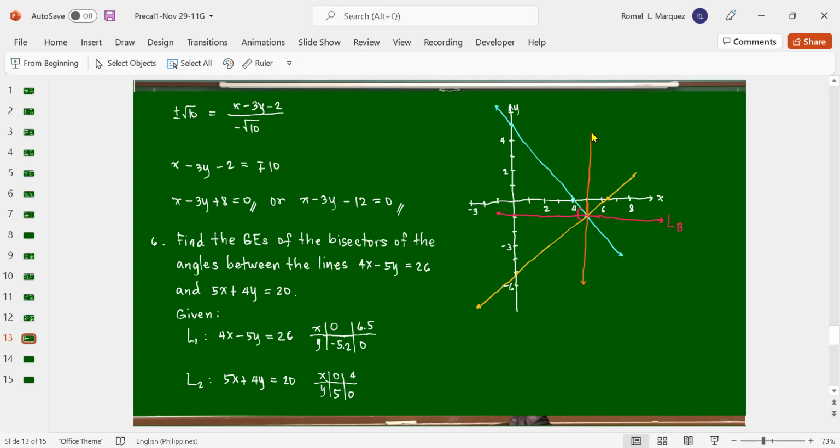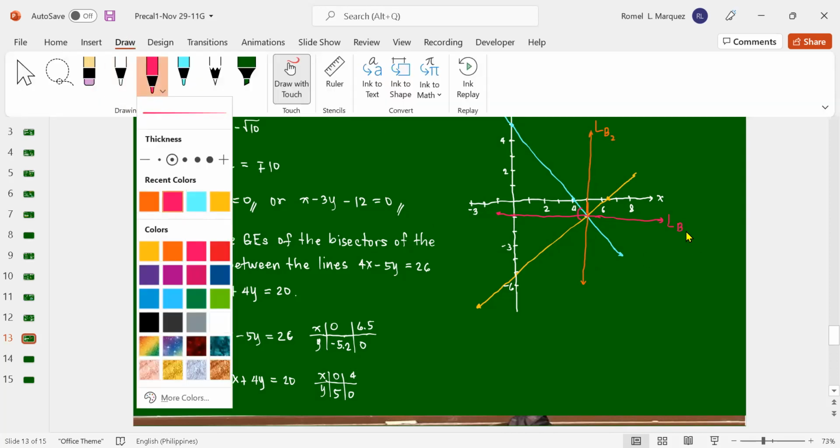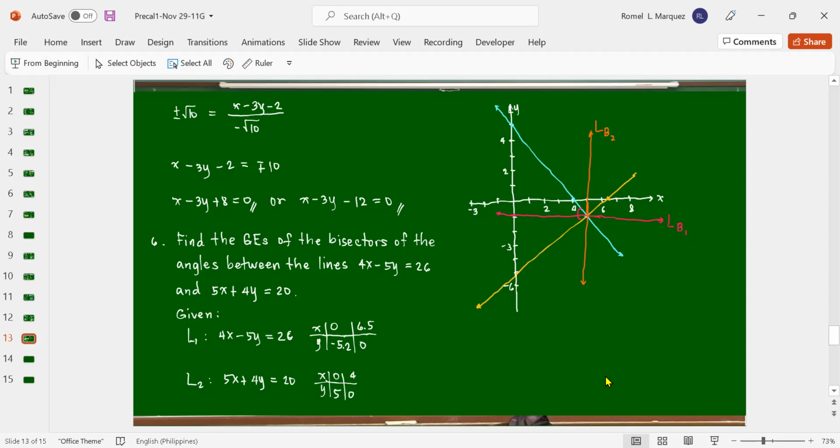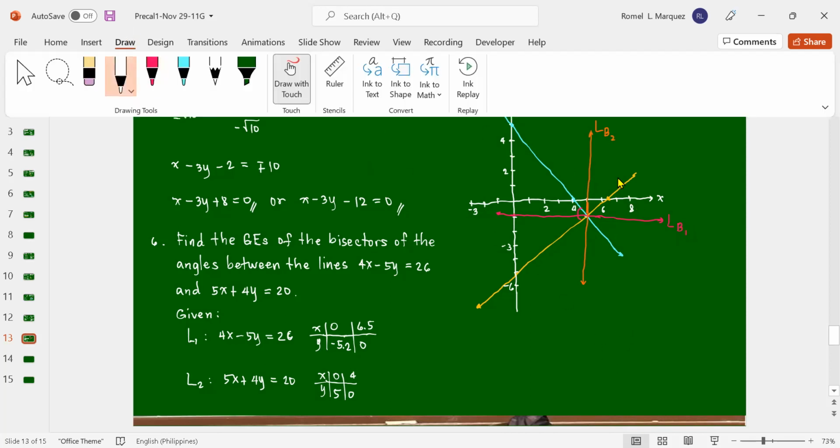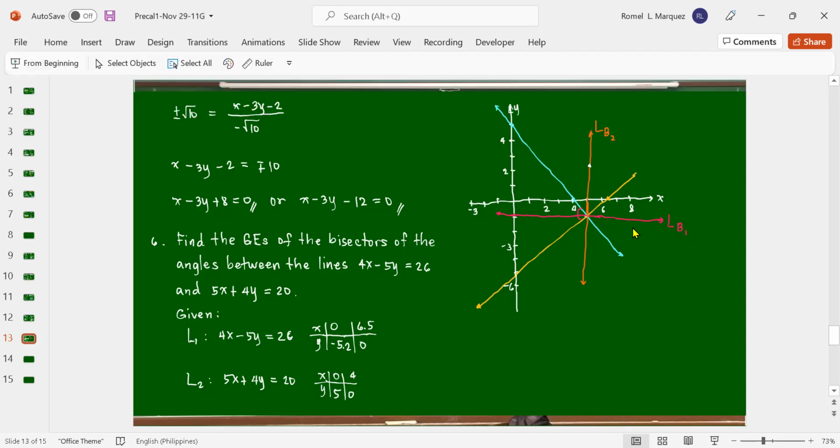Okay? So line bisector 2, line bisector 1. So how to find them? To get their equations, let us consider any point on this orange, also on this pink or red. If I consider first the red one, how far is this point, let's call it XY, from the blue?